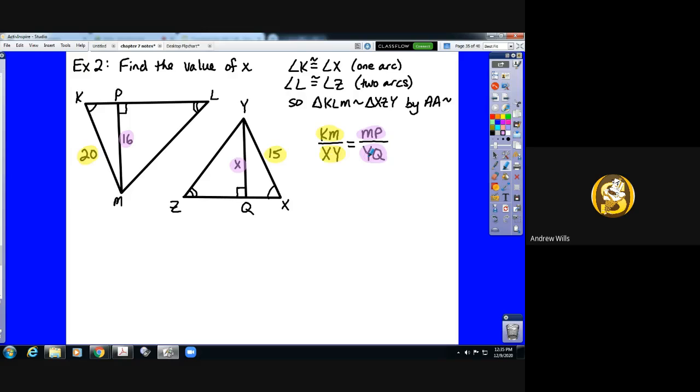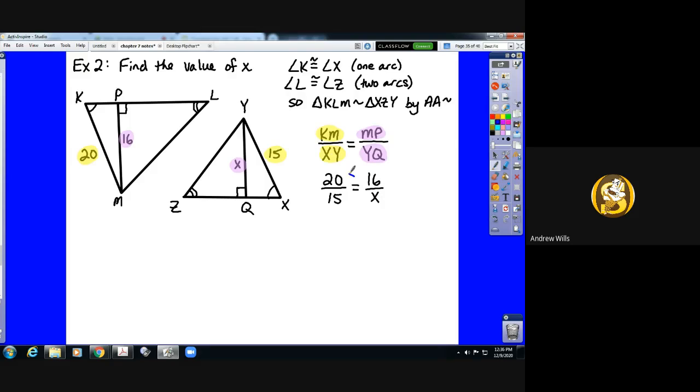Look at you guys working ahead. Okay. All right, so X seems to be, a consensus, equal to 12, and I'm pretty sure you are correct on that. Again, we would plug in our side lengths. 20 is to 15 as 16 is to X for the altitudes.